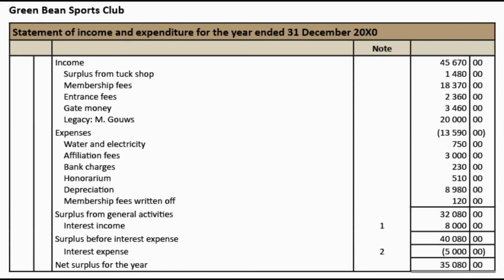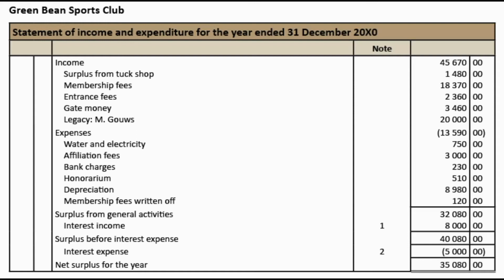All right. And then let's look at other income. Gate money was 3460. There was no adjustment regarding that one, so that amount we get straight from the pre-adjustment trial balance. And then legacy M Gous, 20,000.